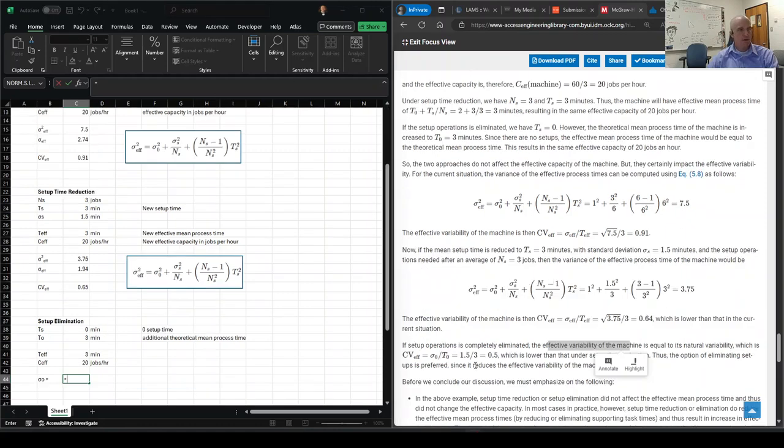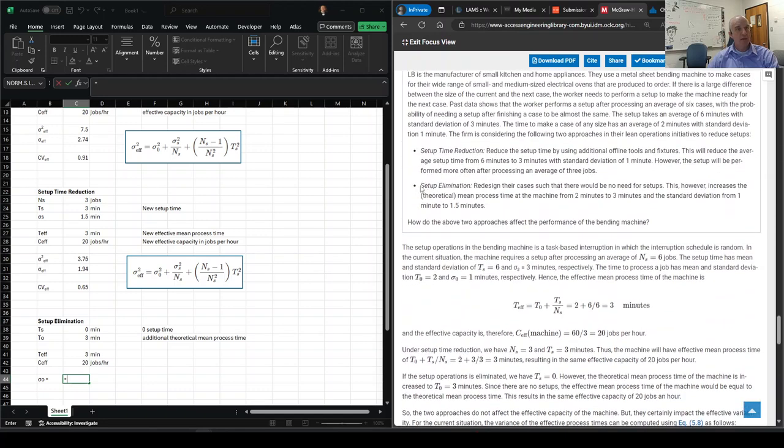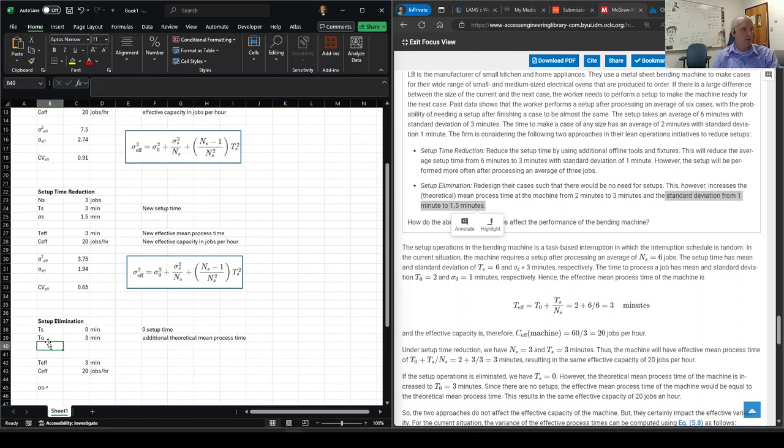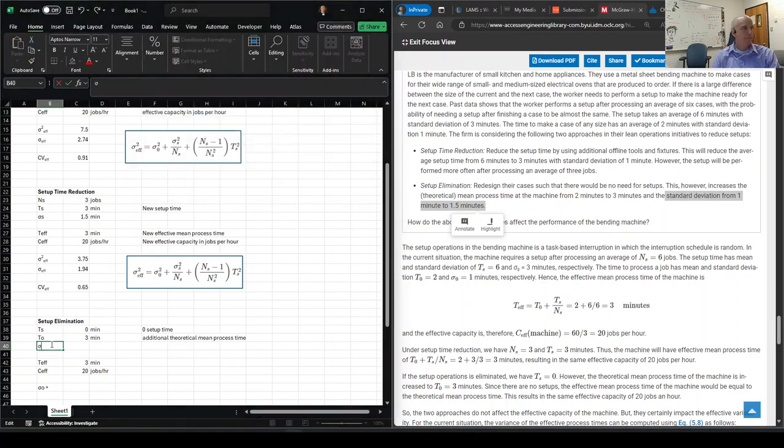Let's see, so this says the standard deviation of the theoretical process time is 1.5. And that is true. So if I come back up here to the setup elimination process, the standard deviation has gone from 1 to 1.5. So we can include that here as well. This is the standard deviation of the mean process time, 1.5 through the setup elimination process.